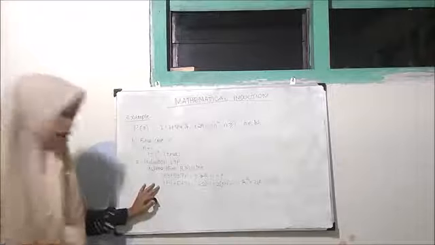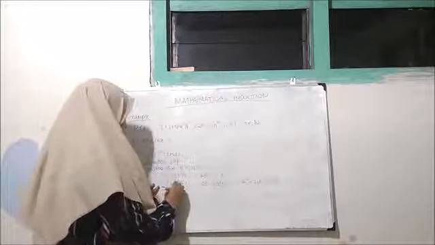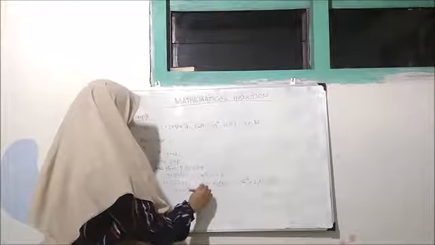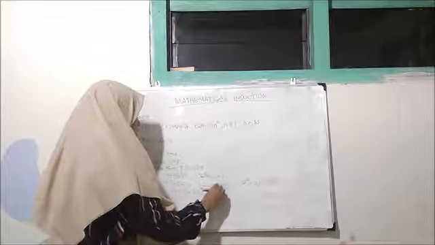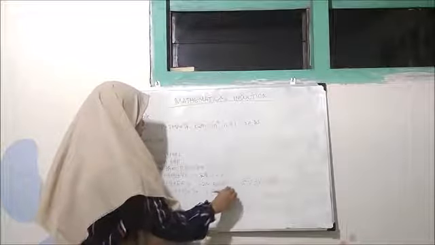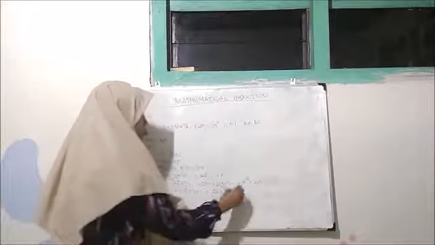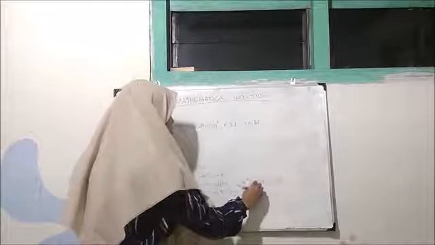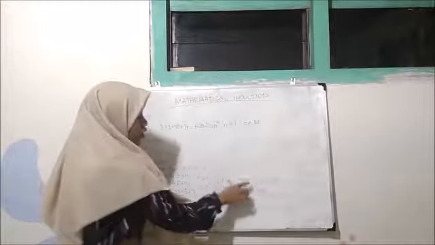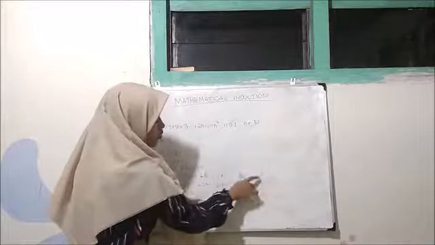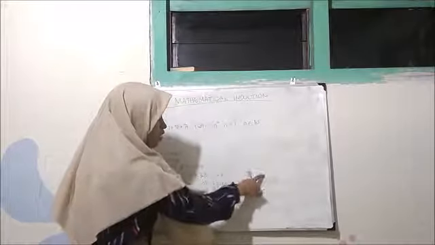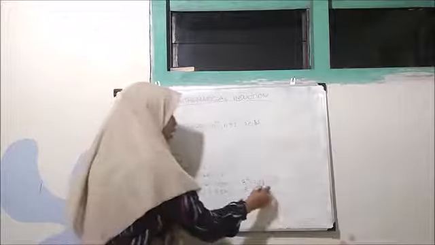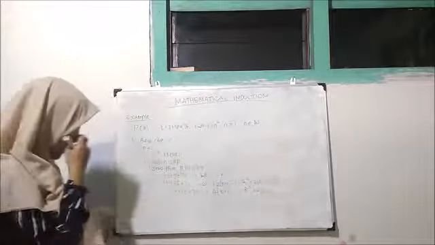The left hand side becomes 1 plus 3 plus 5 plus 7 and so on until 2k plus 1 minus 1, which is equal to k squared plus 2k. 2 times k is 2k, 2 times 1 is 2 minus 1, so we get plus 1 like this, okay?